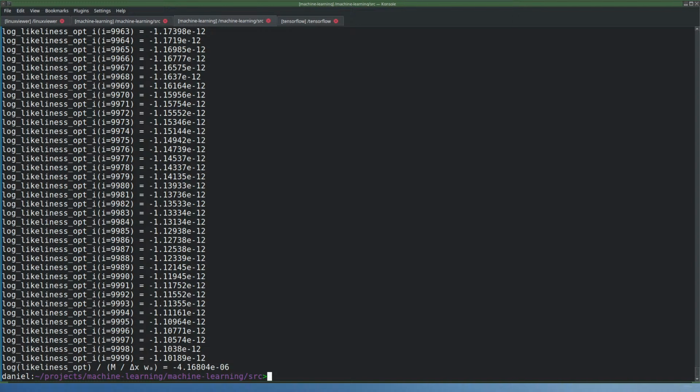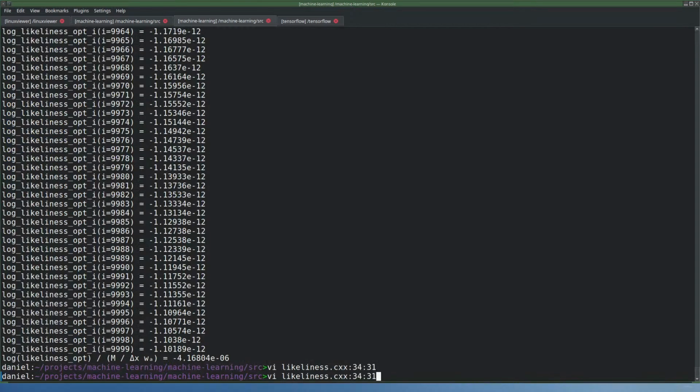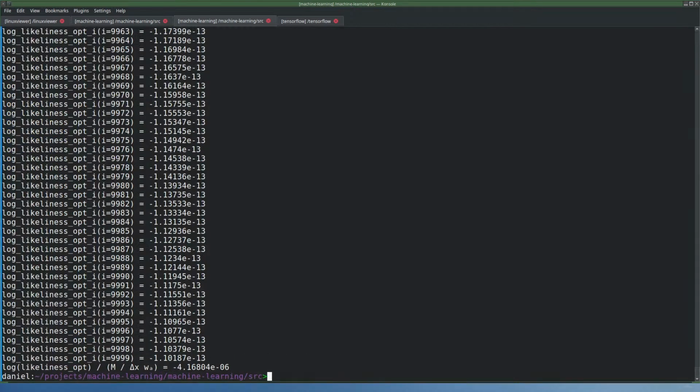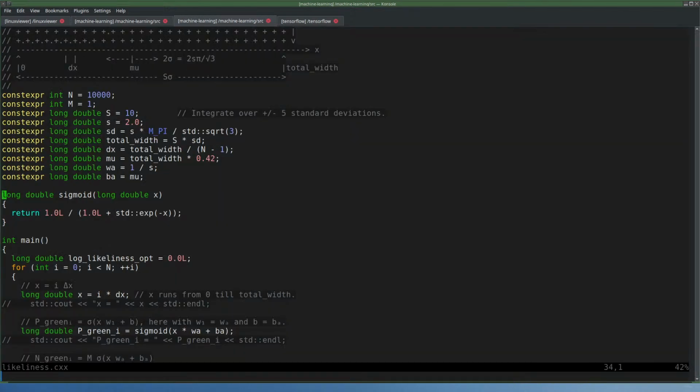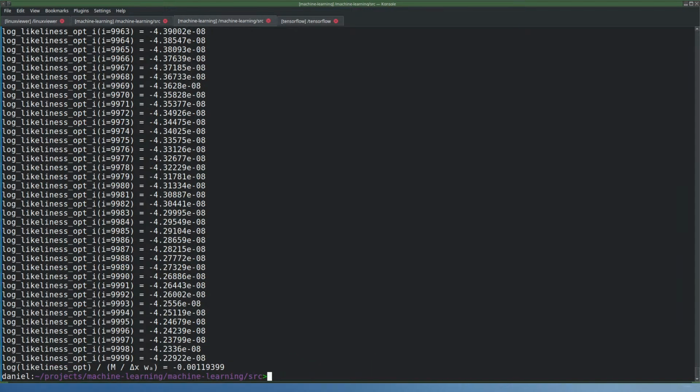Is it the same value? More or less. I don't think it should change this function of m. That has a significant influence. I don't like that at all.